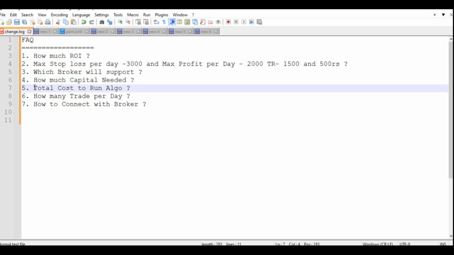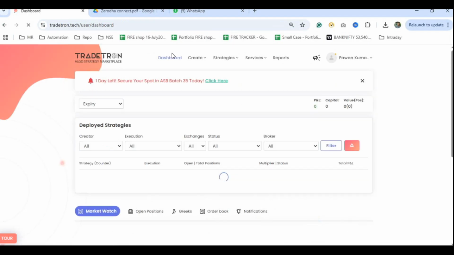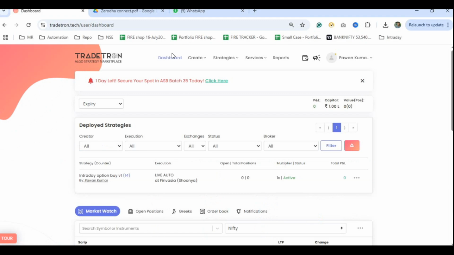The next thing is the total cost to run this algo. If you are running an algo, there are some costs associated with it. If you are not using TradeTron, you need to buy a server, write the code in some programming language, do a lot of maintenance, and make sure your broker is connected correctly.